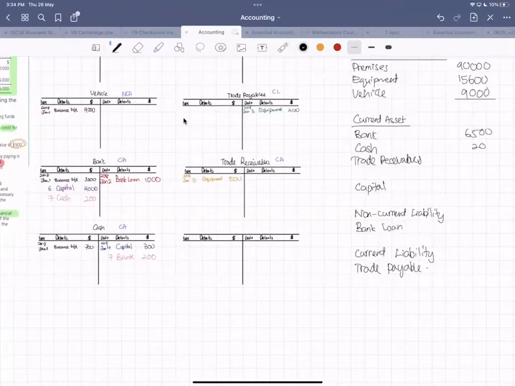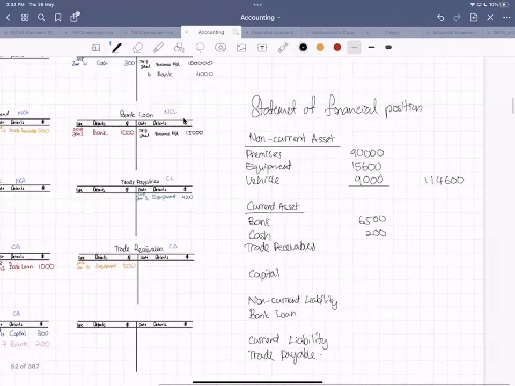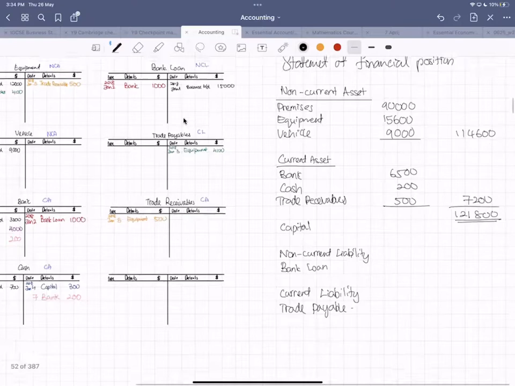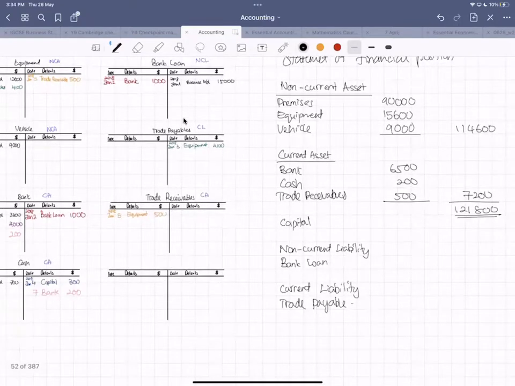Cash is 200. Trade receivable is 500, 7,200. Add them together, we should get 121,800. So this is my total asset and current asset and non-current asset.